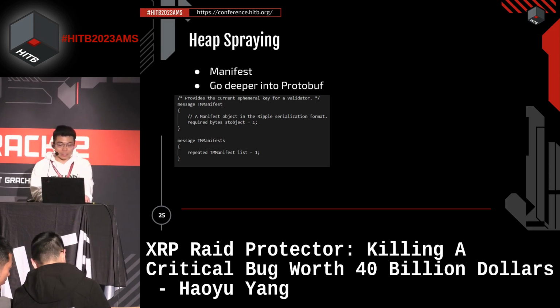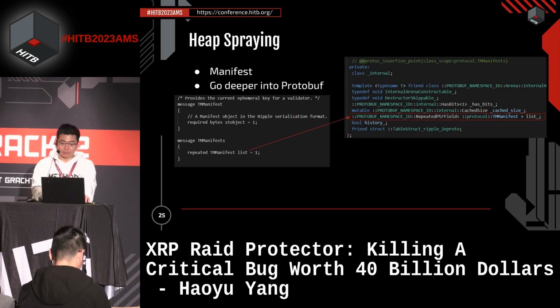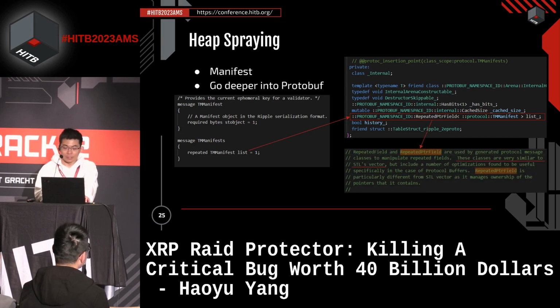I was curious about how protobuf manages those memory buffers. It seems that a field with the repeated keyword is of type RepeatedPtrField. According to the documents, this class is very similar to STL's vector. Okay, that's much easier to understand. It's just like a vector.